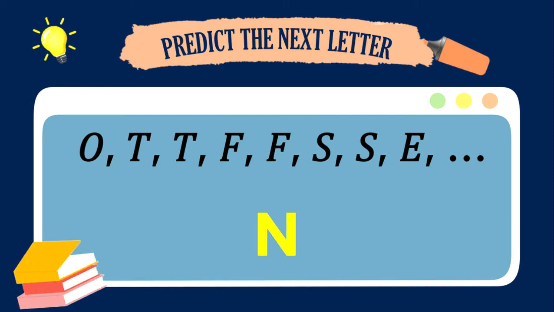Notice that the first letter of each number in the counting numbers is indicated here, such as O for 1, T for 2, T for 3, F for 4, F for 5, S for 6, S for 7, E for 8, and then to have the next letter, we have N for 9.